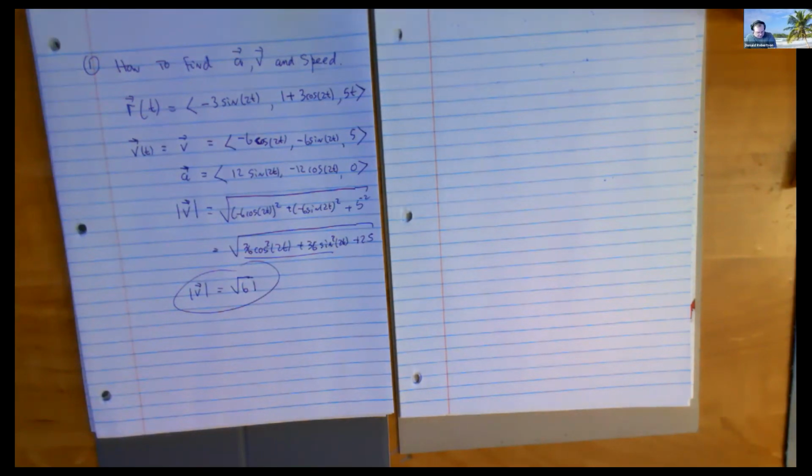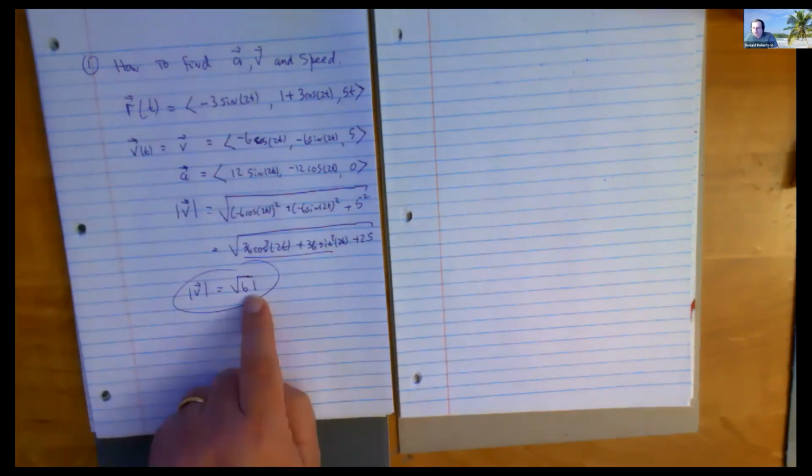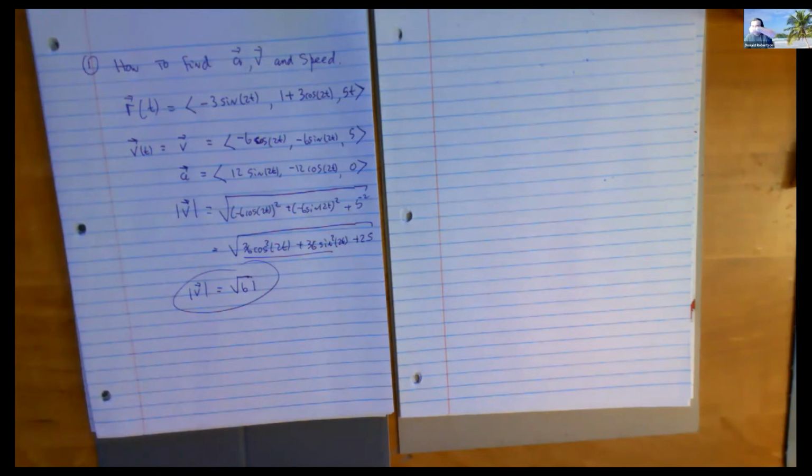And evidently, when you're moving along this type of helix, aren't you traveling along the roller coaster of death at the square root of 61 meters per second at every point along its curvature? So, at least in this question, the helix has a constant speed, doesn't it?